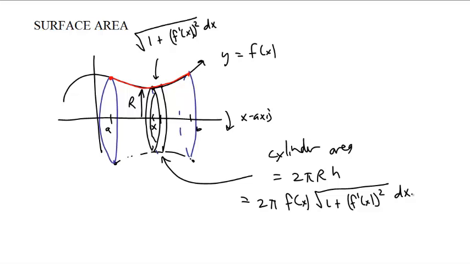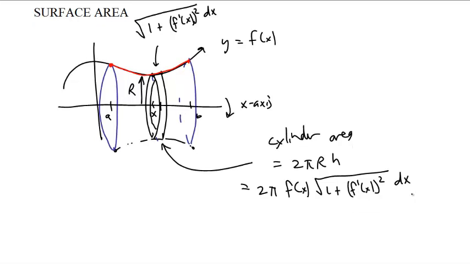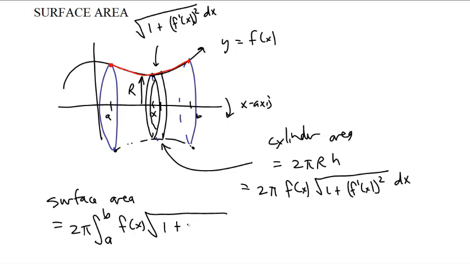And if we're going to add those all up, we use an integral. And so the surface area formula is the integral from a to b. Might as well put that 2 pi out front. f of x times the square root of 1 plus f prime of x squared dx.